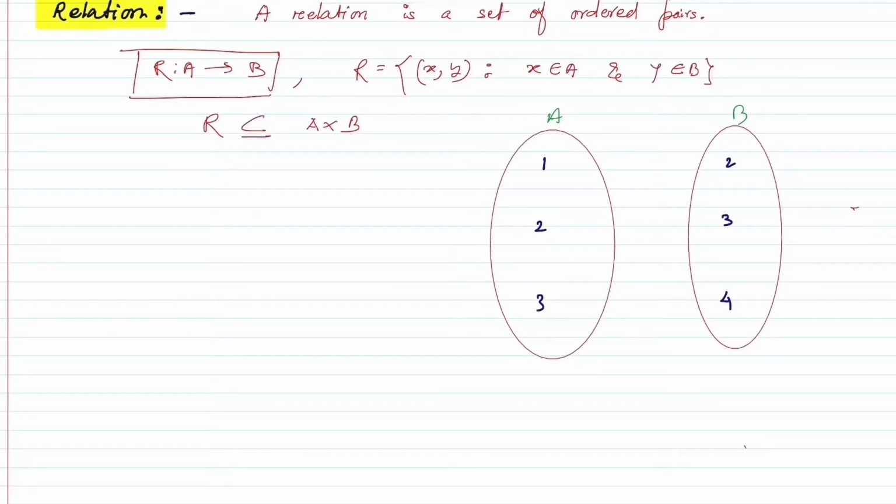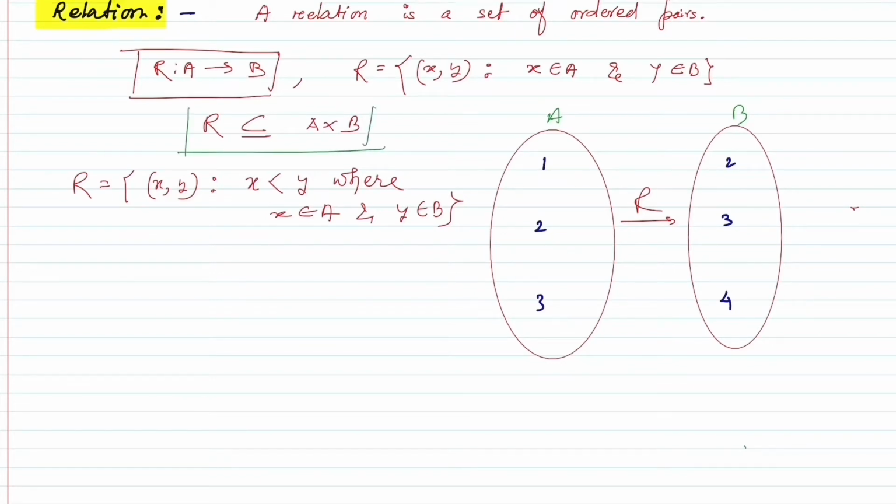Here you see, suppose we have a relation between these two, that is, suppose R is a relation containing x comma y, where x is less than y, where x belongs to A and y belongs to B. Okay, so now you see, I have already told you that a relation must be a subset of A cross B or maybe equal to A cross B at some point. So now let's find A cross B.